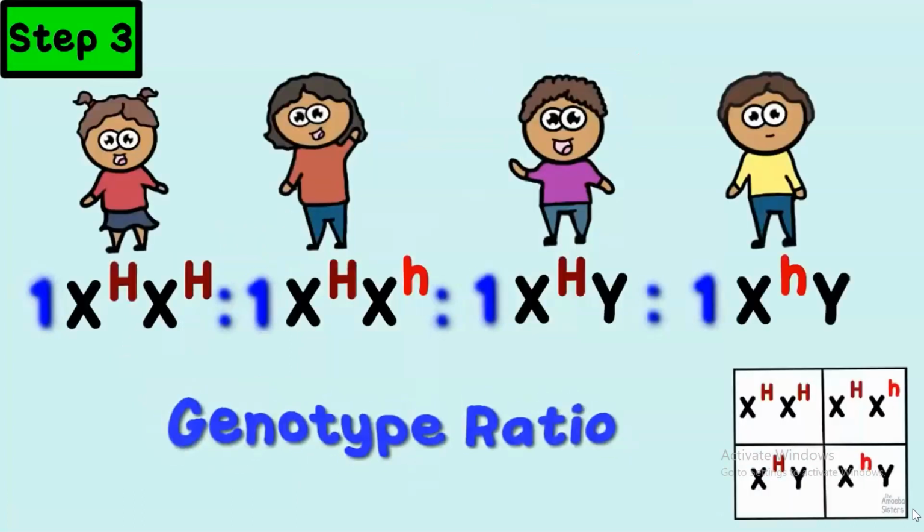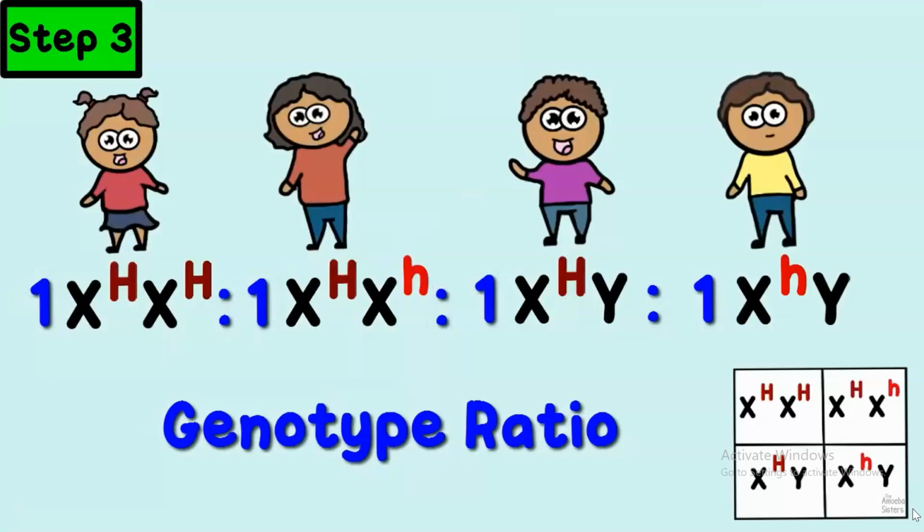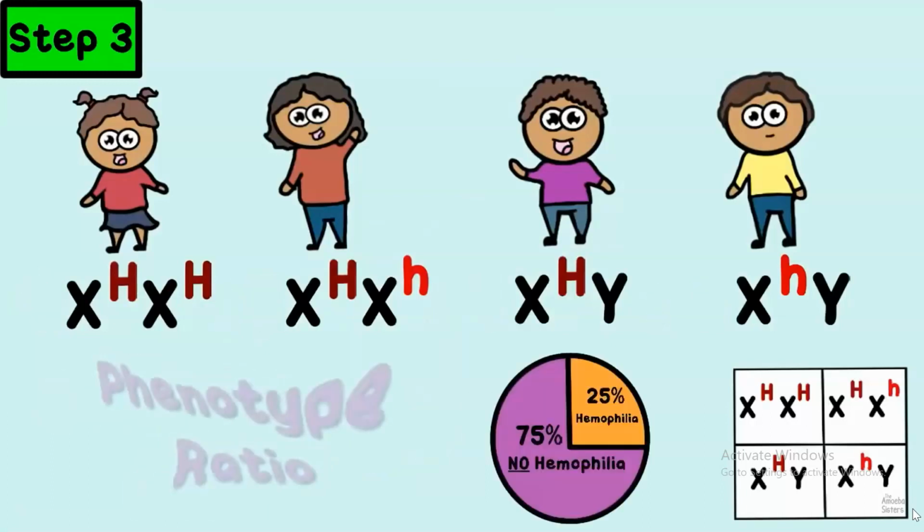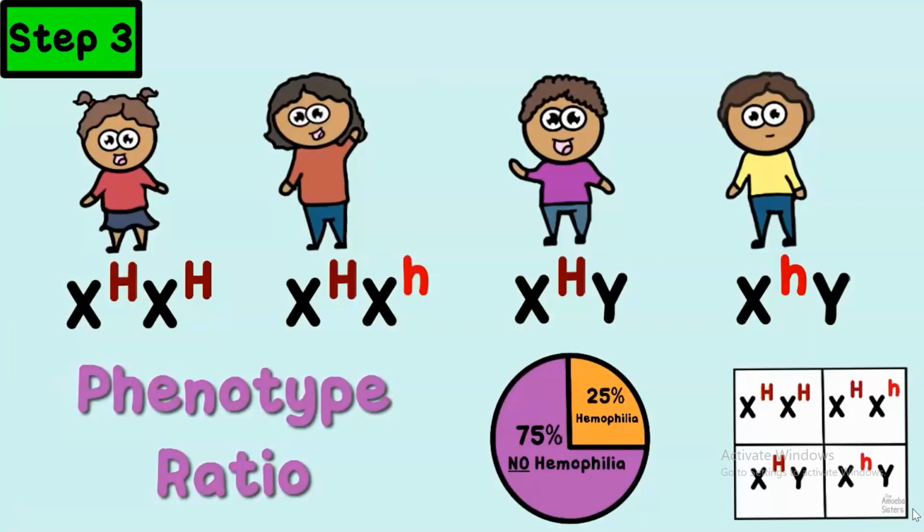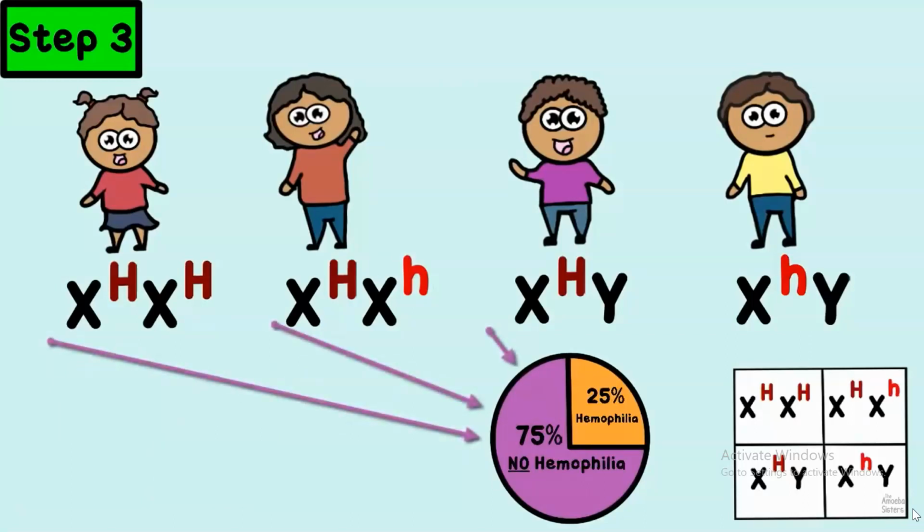The genotype ratio could be written out like this. The phenotype ratio, remember that these are the observable traits, can be written out that there is a 75% chance that the child will be born without hemophilia and a 25% chance that a child would have hemophilia for this boy here.